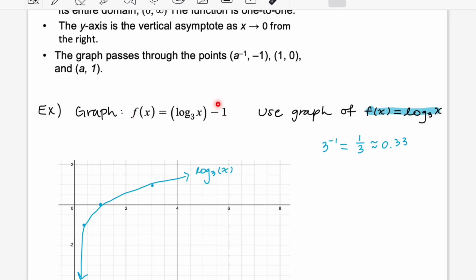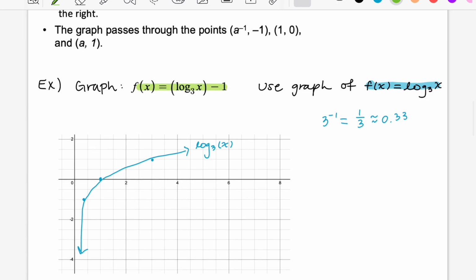Now, if we want to graph this guy, we know it's just going to be this function here shifted downwards 1 unit. So graphing this guy here, we're just going to shift these points down. So for example, this point's going to be shifted here. This one's going to go here, and this one's going to go there. So our graph looks like this here.